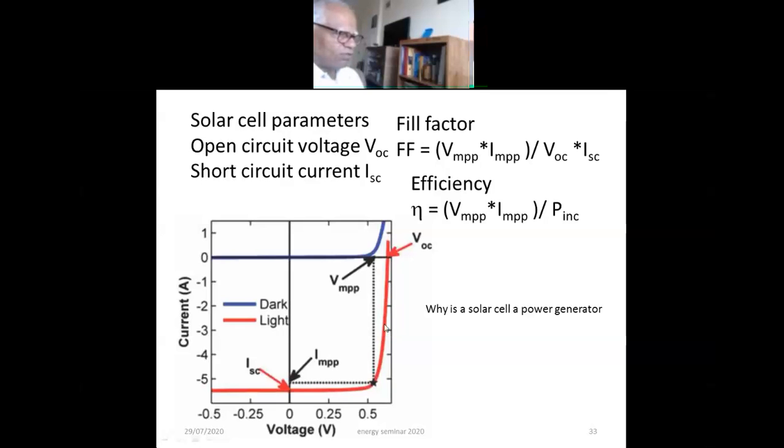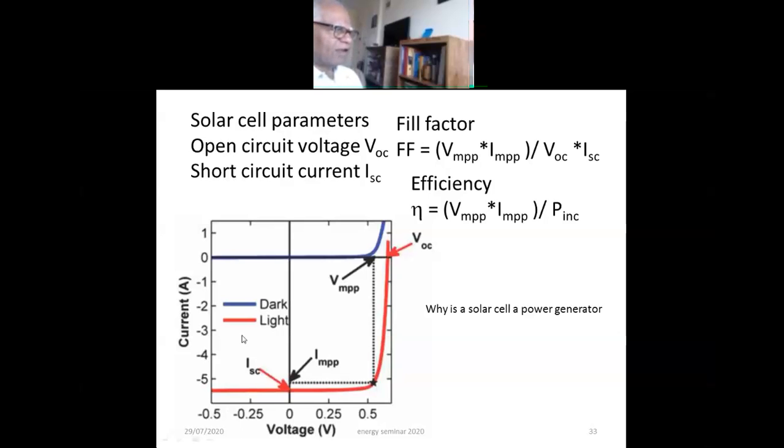There will be some point which is the maximum, the maximum power point. So the efficiency is I MPP multiplied by V MPP divided by 100 milliwatt per centimeter square. That's all the mathematics that is really involved.